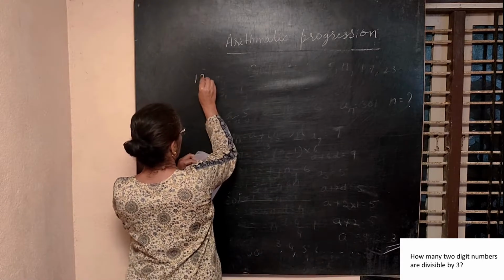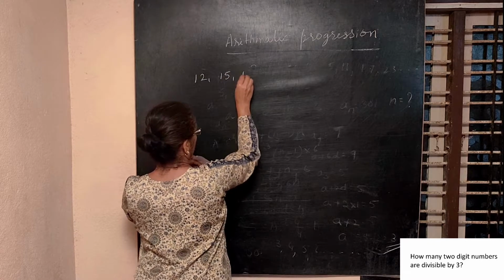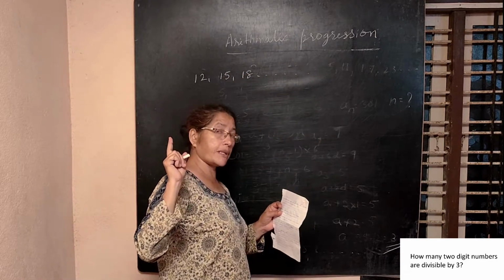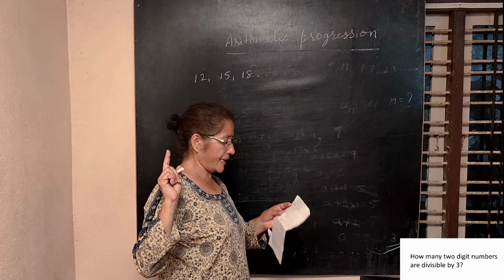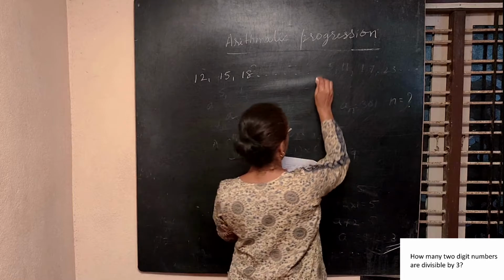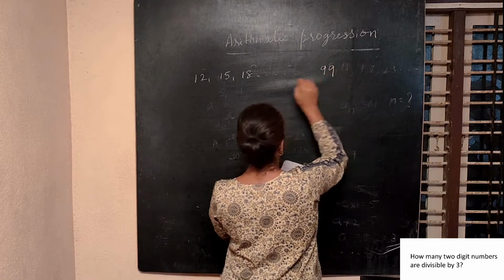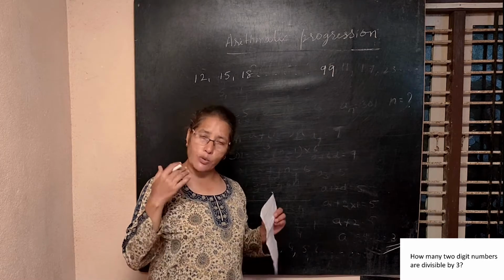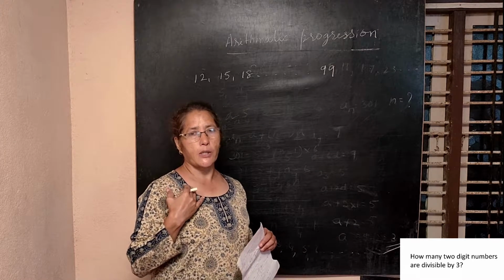So, 12, 15, 18 and so on. Which is the last number? 99. Is 99 divisible by 3? Yes. So, till 99. In between this, how many numbers are there? That is what I have to find out.